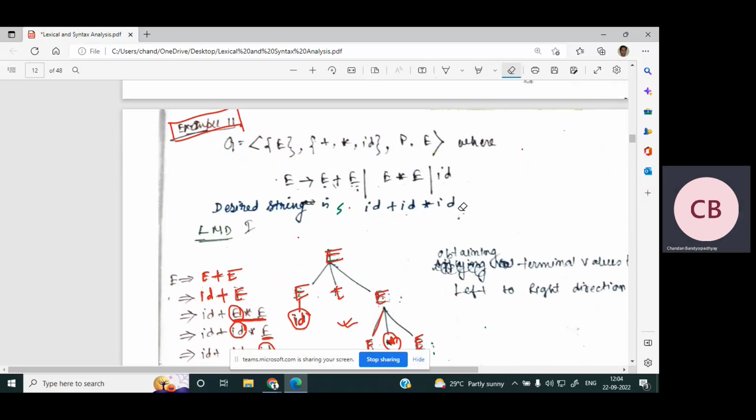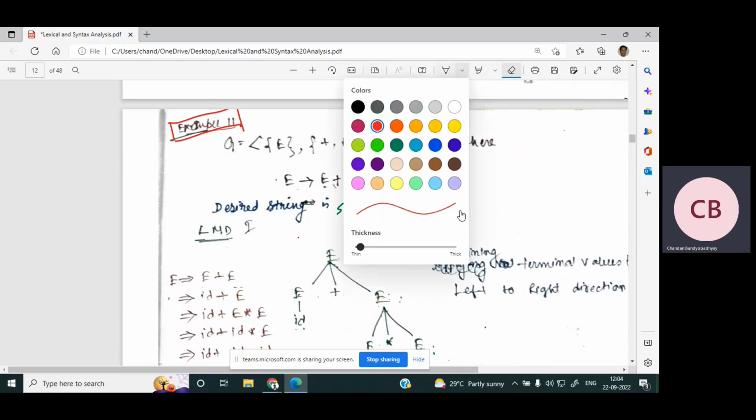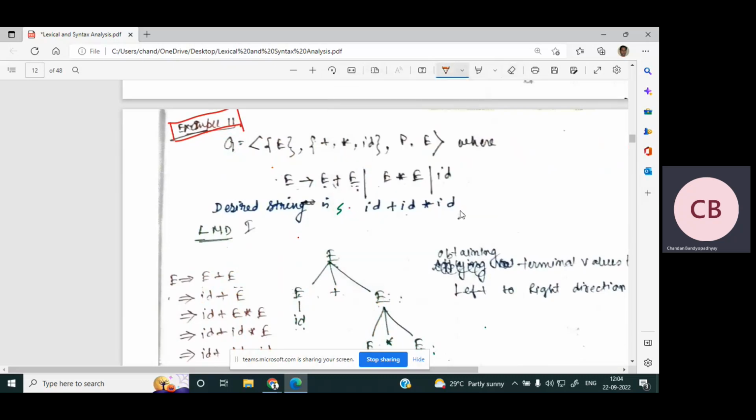on how to identify whether a grammar is ambiguous or not. Actually, these are very important from your examination perspective as well as your competitive exam and GATE exam perspective: whether a grammar is ambiguous or not, how you can check it in a very normal way. Correct?